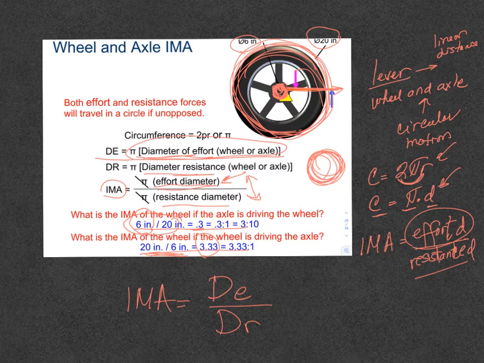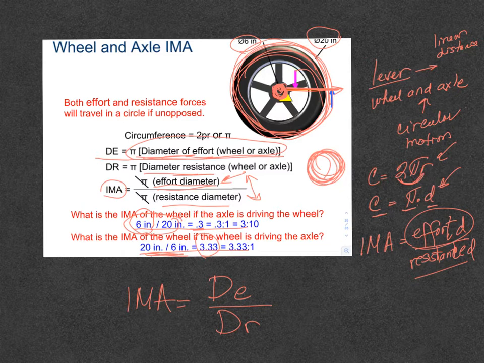Let me summarize this one more time. When the effort is caused by the axle, you have a lever, and the ideal mechanical advantage is always smaller than 1. When the effort is caused by the wheel, then you have a lever.